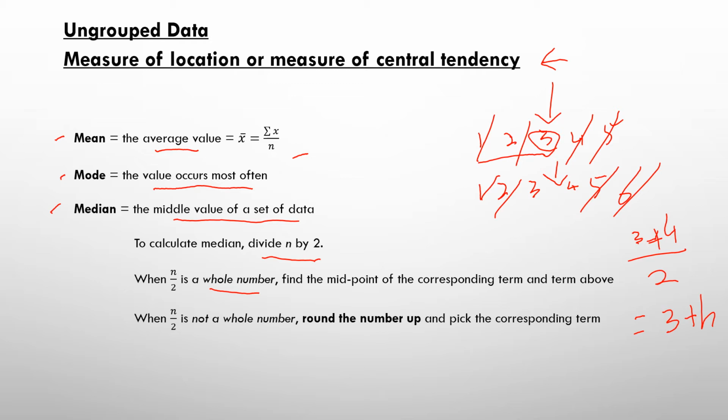So 3 will be the median. When n divided by 2 is not a whole number, let's say we get 4.5, after you divide, you have to round up the number. So you directly round up to 5. Even if it is 4.1, you also have to round up to 5.